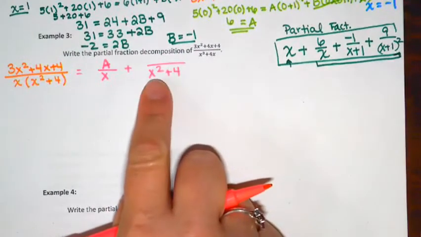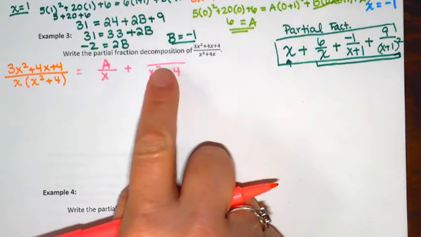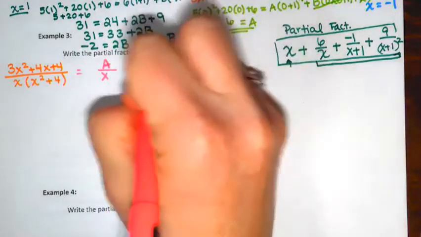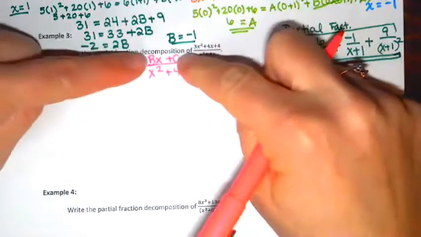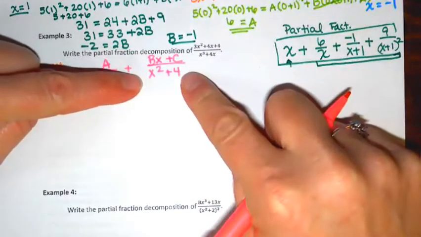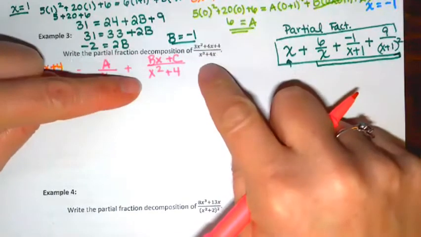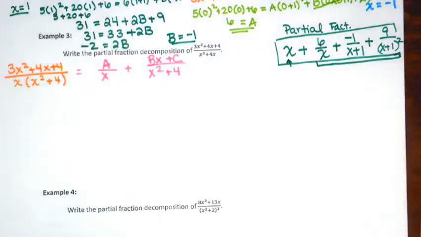So we have to write a linear function above it: Bx plus C. So we have a binomial over a quadratic, linear over quadratic, and we always put the first one with that x. Does that make sense to you guys?